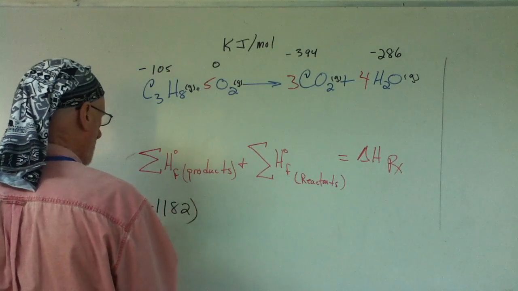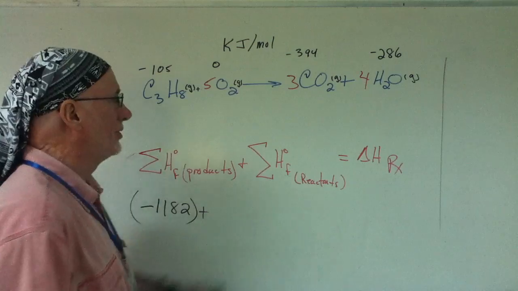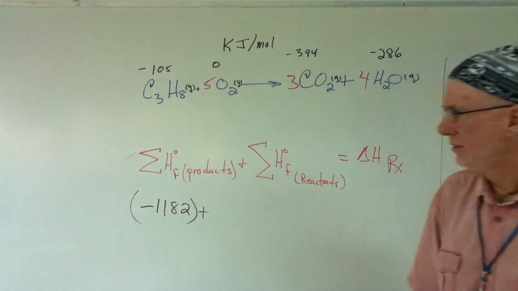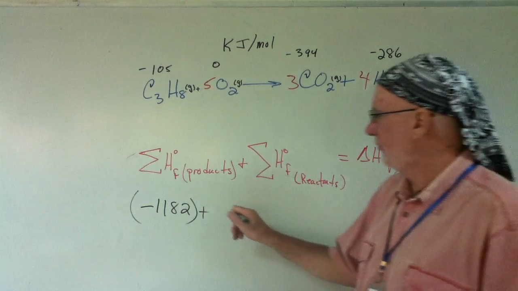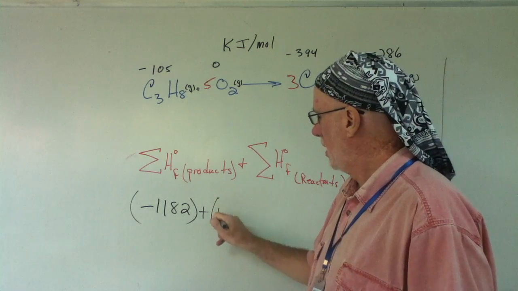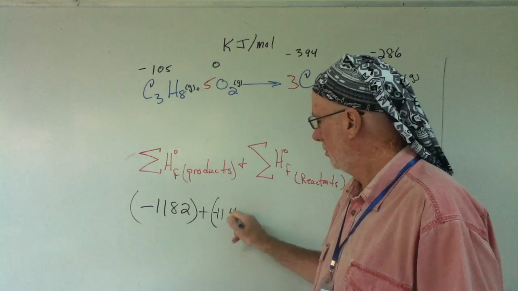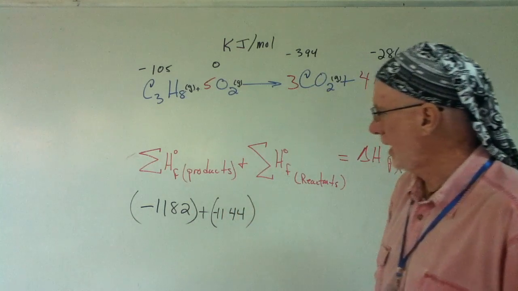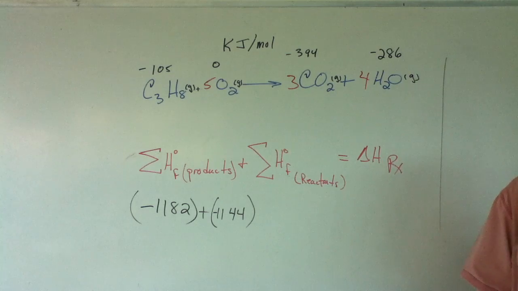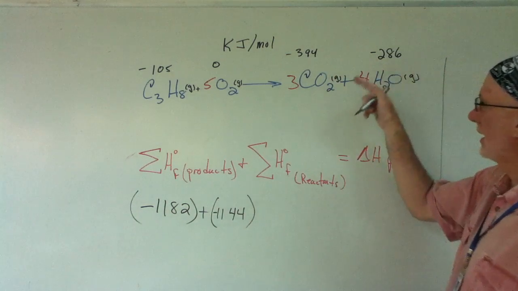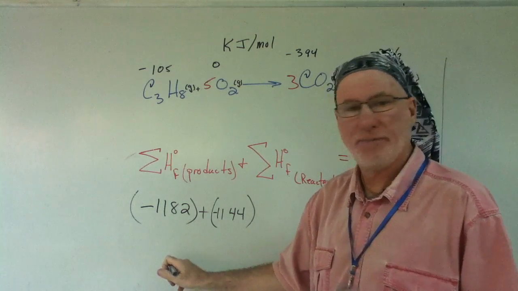Okay. And you're going to add that to, give me 4 times 286. Negative 1144. Okay? And now add those two values together. They're both negative. What do you got together? The sum.